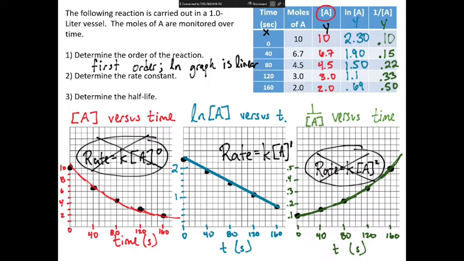So technically 0.69 minus 2.30 over 160 minus 0. I'm going to get a negative slope, but I'm going to drop that negative sign because rate constants can't be negative numbers.